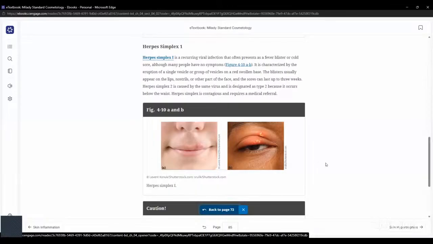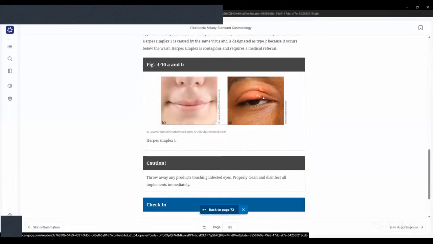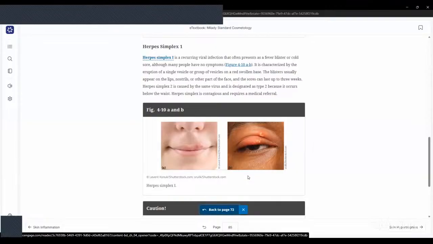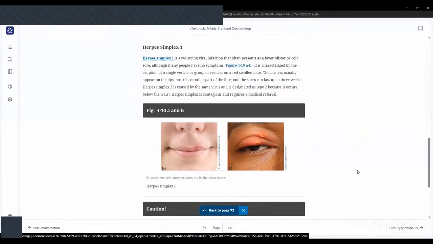Okay, 1 is cold sore, or what you'll see, fever blisters, and things of that nature. Not to say I'm an expert in it, but as a business professional and also a beauty professional, we must be able to know the difference between the two. No, we're not servicing them, okay? But we need to be able to educate the clients between the two.